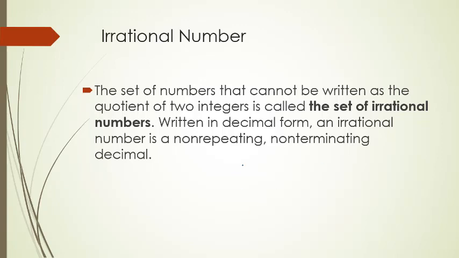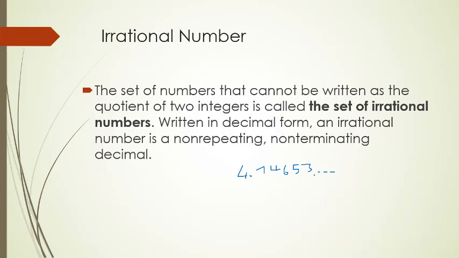What does that mean? If we have something like 4.1565 3, for instance, and it goes all the way, if you don't see the bar, that means nothing is being repeated.